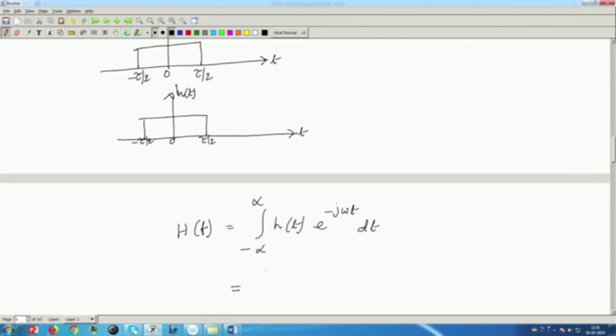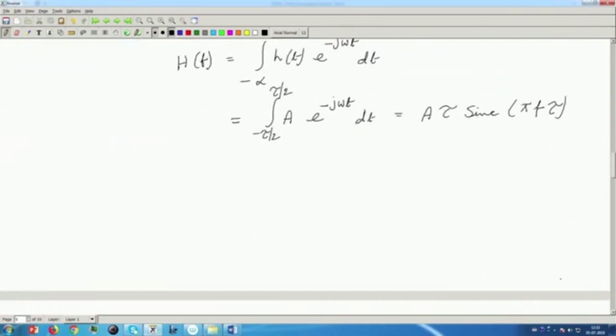It exists from minus tau by 2 to plus tau by 2, and h(t)'s value is A. So, it is the integral of A e to the power minus j omega t dt. This we know is simple to integrate: A tau sinc pi f tau. So, as easy as this.